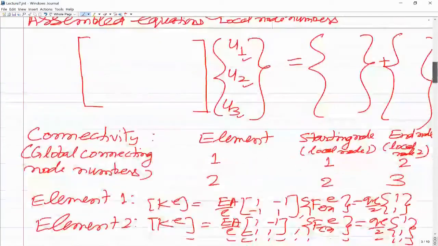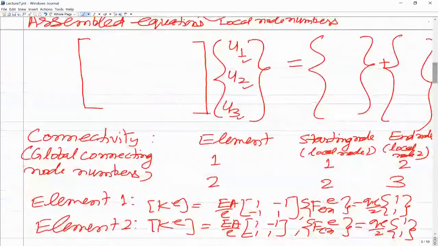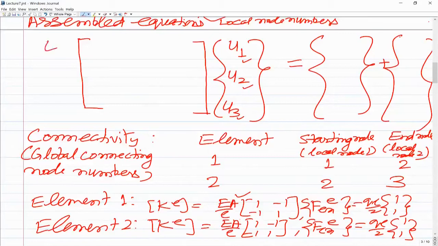Now these have to be put into the global system of equations, or assembled equations. In the assembled equation, we have to bring in the contribution of the stiffness matrix. As we see, in both the first and second elements, this EA by L is common, so let me write that EA by L common here. This is the first row, this is the second row, and similarly the first column and second column.